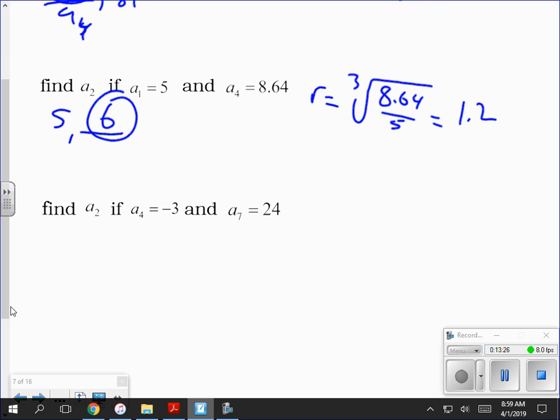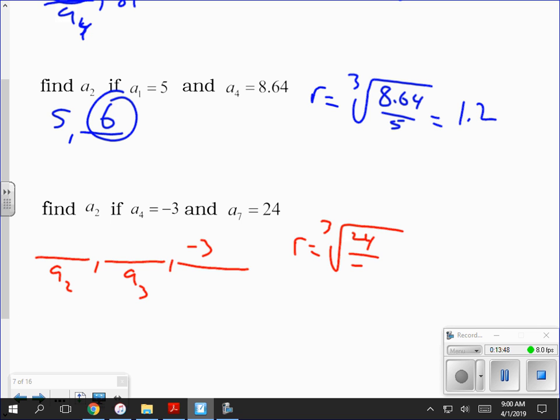Now the last one, we're looking for a sub 2, and we're given a sub 4 is -3. So I need to move backwards 2 spots. I need to find r again. 7 minus 4 is 3, so once again I'm doing the cube root of 24 divided by -3.